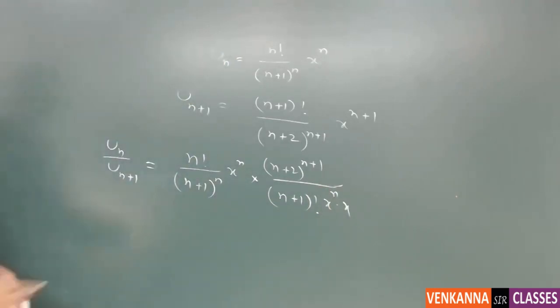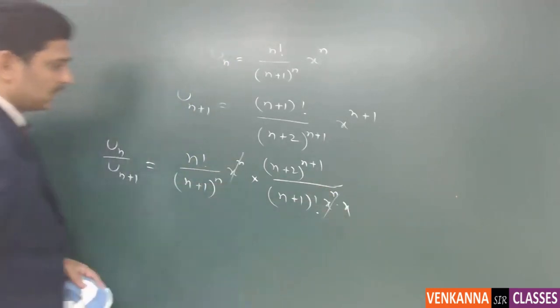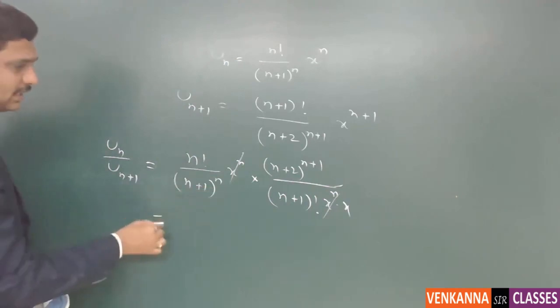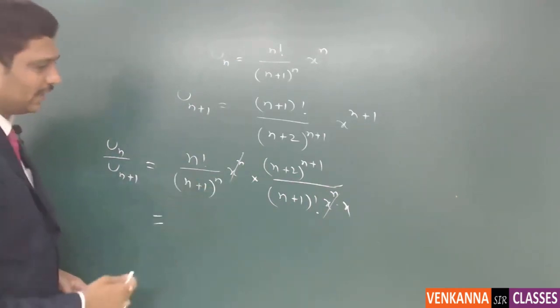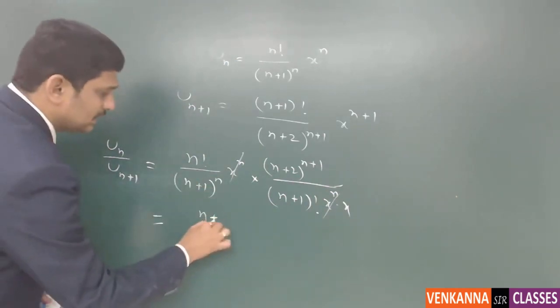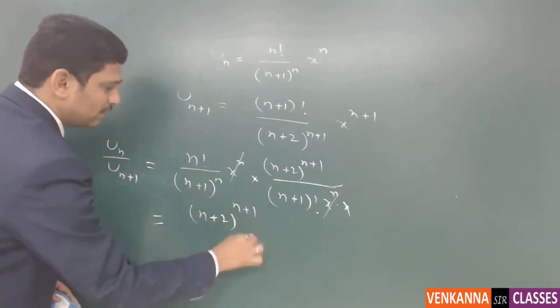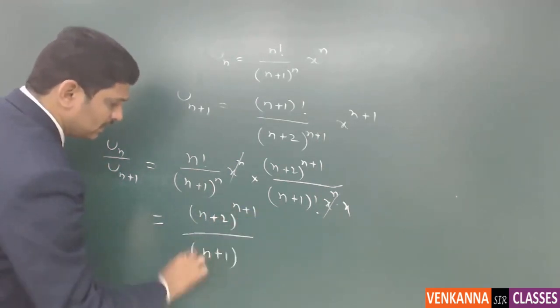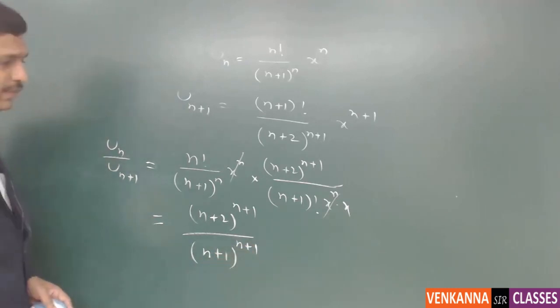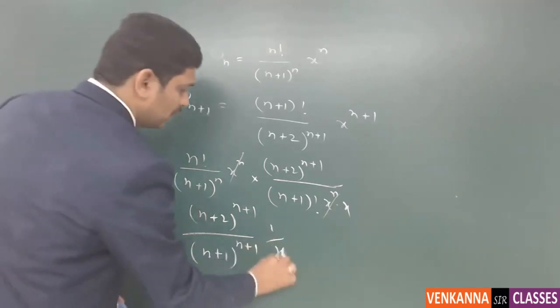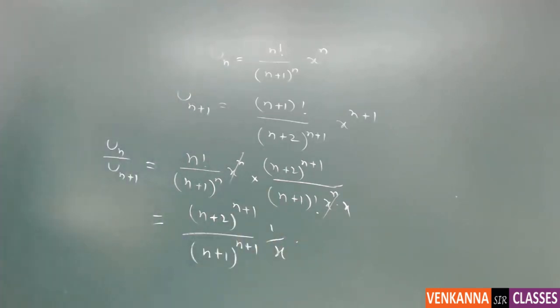So however x power n gets cancelled and n factorial gets cancelled. Here you have n plus 1 whole power n. So you can write it as n plus 2 whole power n plus 1 by n plus 1 whole power n plus 1 into 1 by x. Am I correct here?